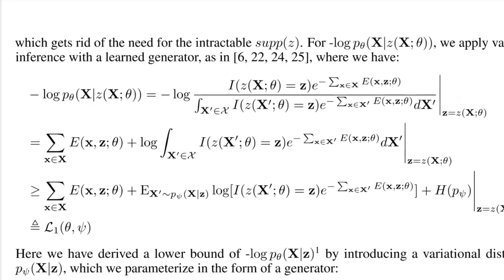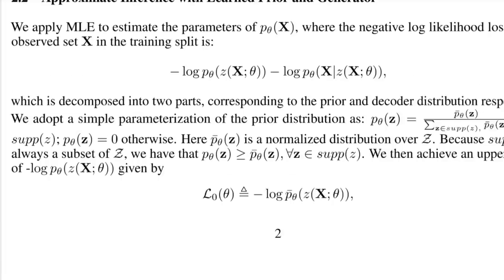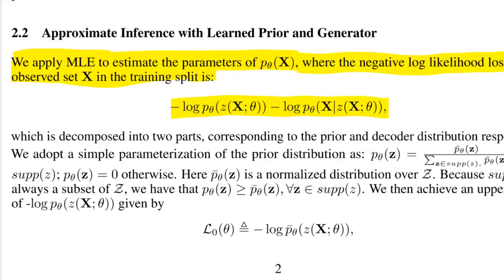So here is what we optimize ultimately. They say we apply maximum likelihood estimation to estimate the parameters of the thing we just defined, where the negative log likelihood loss for an observed set in the training split is this. So this is simply the negative log likelihood.